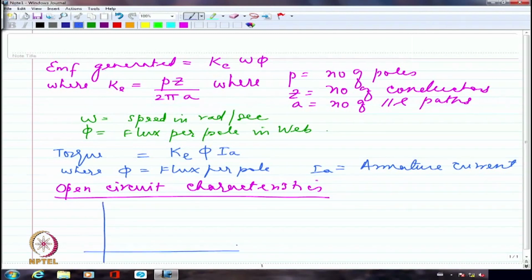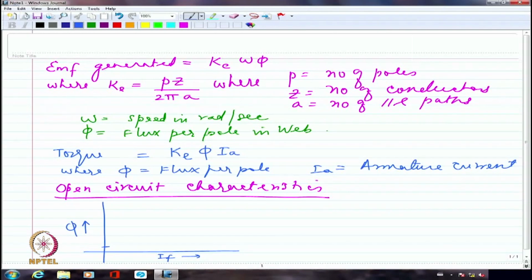So if I draw, I can draw IF on the x-axis and flux on the y-axis. And if the machine has already been operated several times with a particular direction of the field current, there may be some amount of flux left over as residual flux. So I may have some residual flux, maybe to the tune of 1/10 or 1/15 or even less than that, as compared to rated flux.